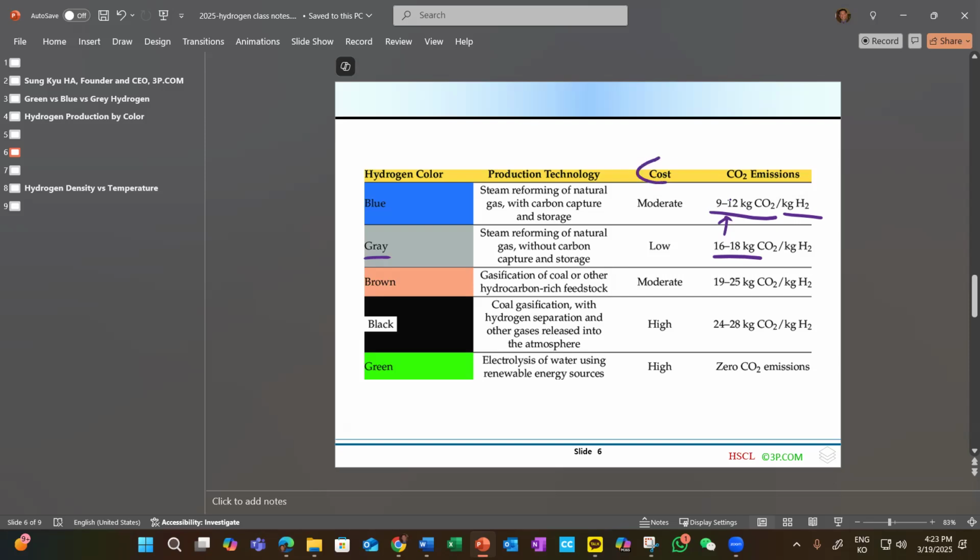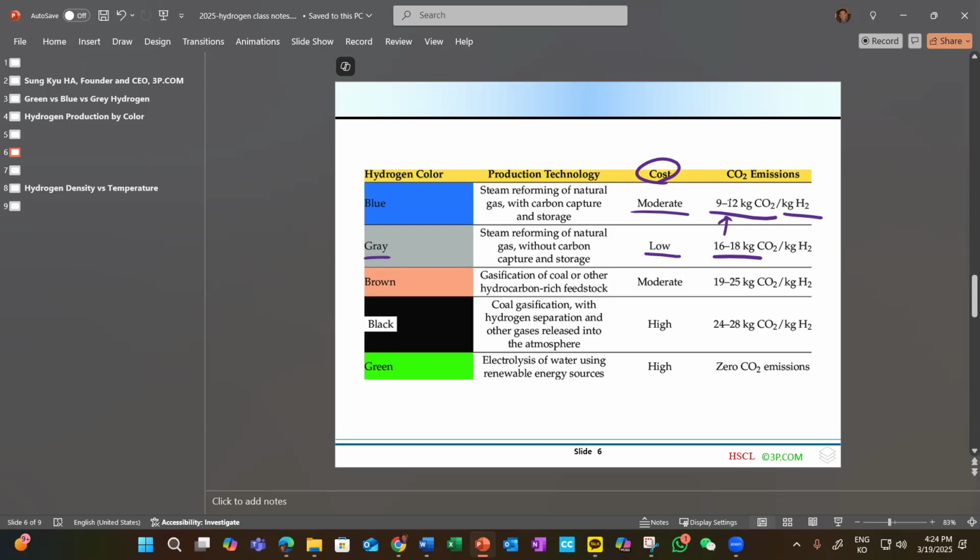The cost of gray is, I would say, the lowest, but blue has a moderate cost because we need to pay extra cost to capture the CO2.